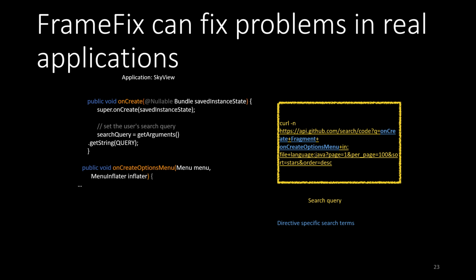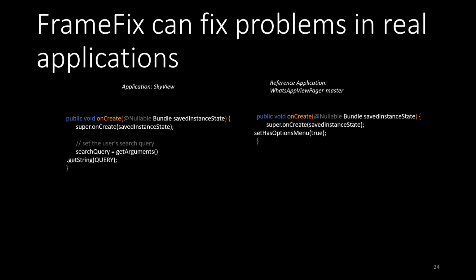So FrameFix will then query GitHub, running this specific code query to try to find similar application code to the problematic code shown here. The words in blue are the developer-defined keywords that come directly from the directive. And that query will find the WhatsApp master application.